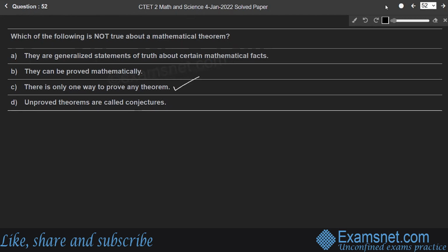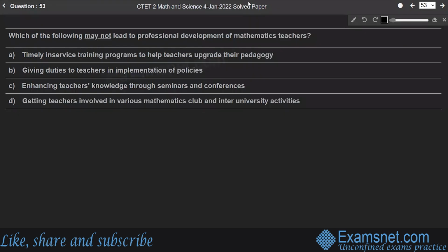For example, if the sum of two angles of a triangle is 90 degrees, then the third angle of the triangle has to be 90 degrees, because the sum of all three angles of a triangle is 180 degrees, right? So, option C, there is only one way to prove any theorem, is not true about a mathematical theorem. Question 53. Which of the following may not lead to professional development of mathematics teachers?